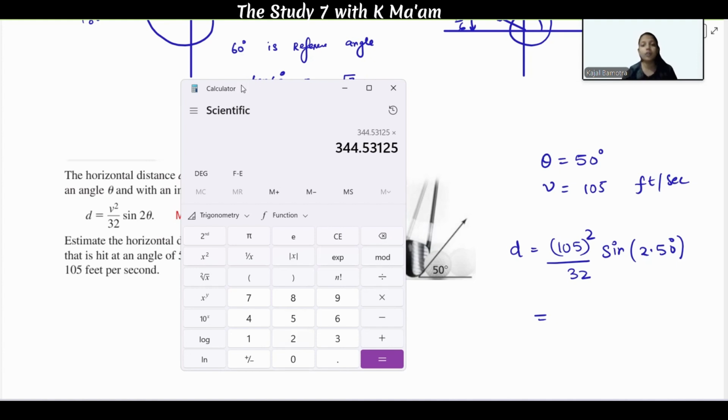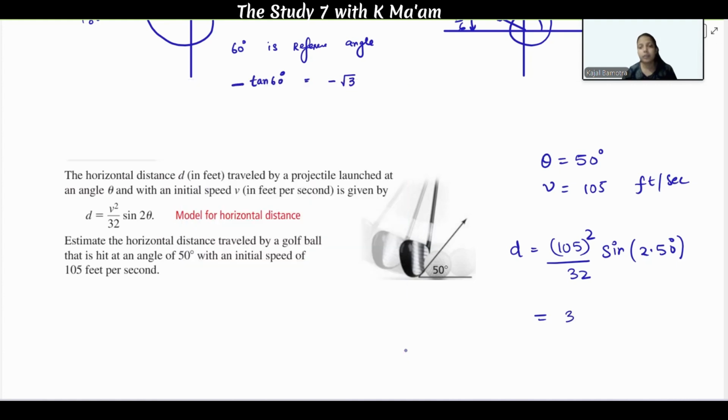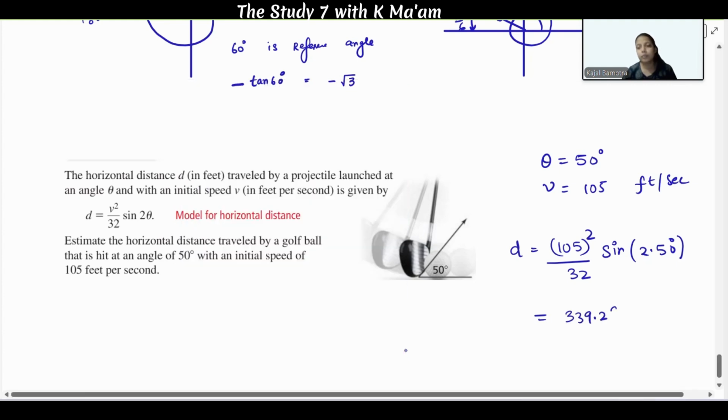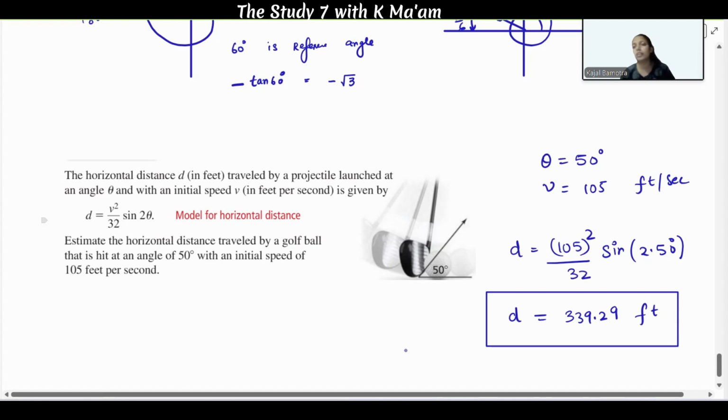So sine of 100 we have to find. I'm getting 339.29 feet. This is the horizontal distance traveled by the golf ball.